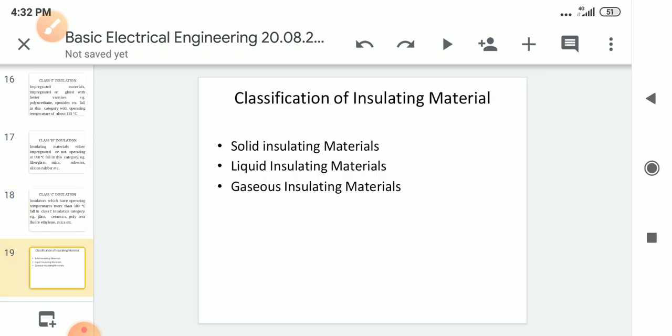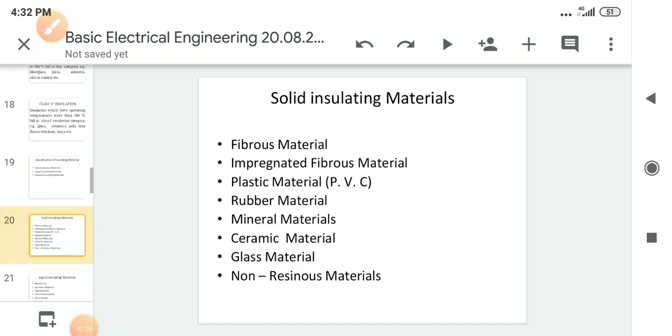Right. So hundreds of insulation materials are available in the market. That's why insulation material can be broadly classified into three categories mainly: solid insulating material, liquid insulating material, and gaseous insulating material. The solid insulation material: fibrous material.